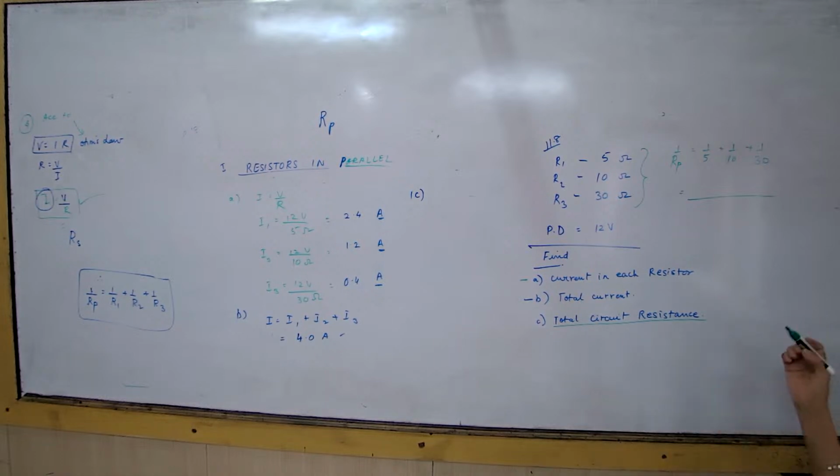Did you do that LCM? So you have got 5, 10 and 30. Did you do this working?